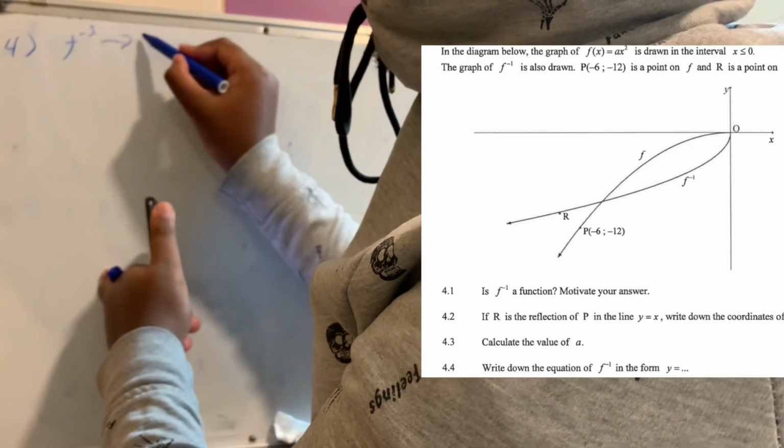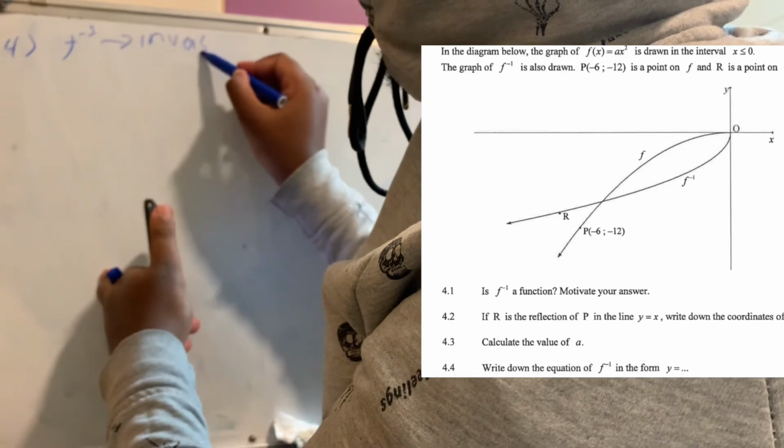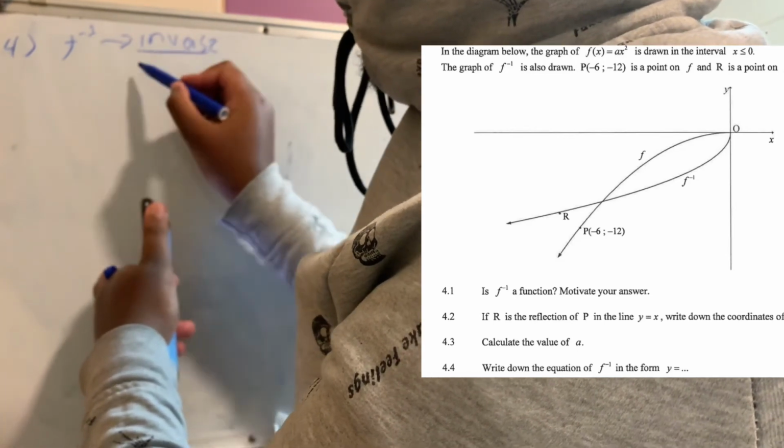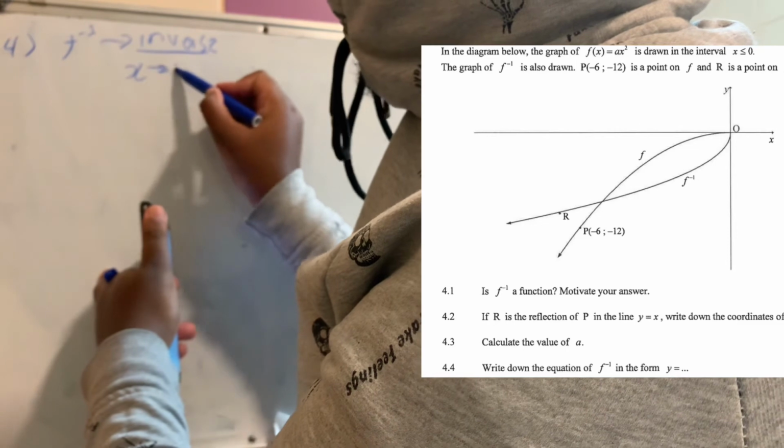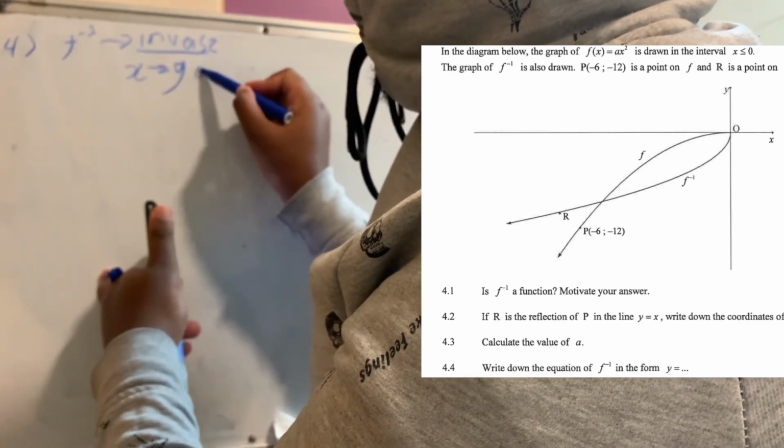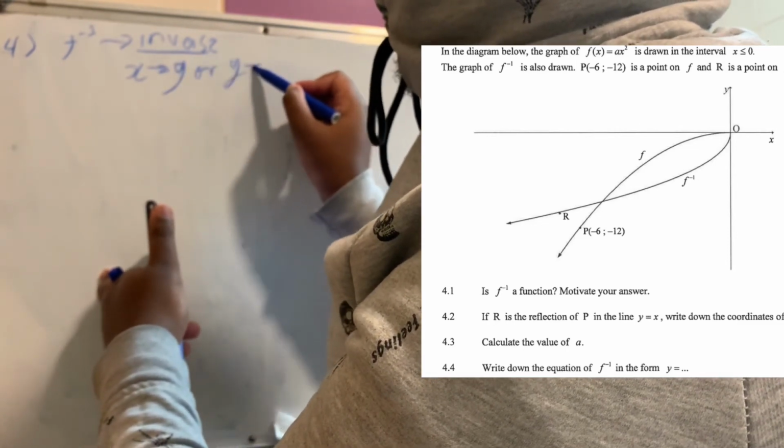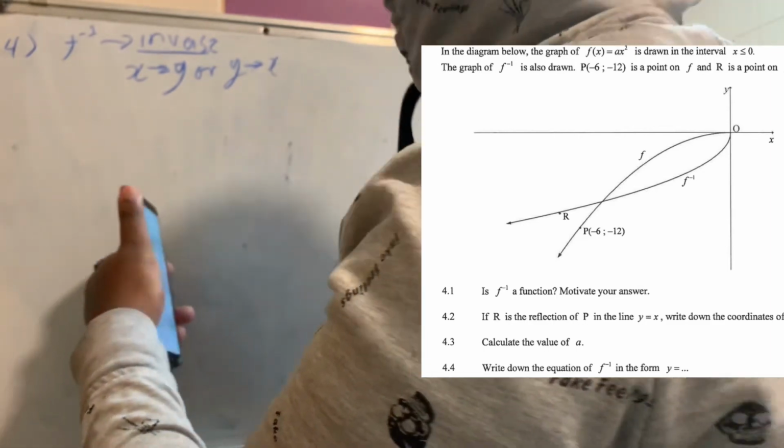The inverse usually means x here for y, or y here for x.